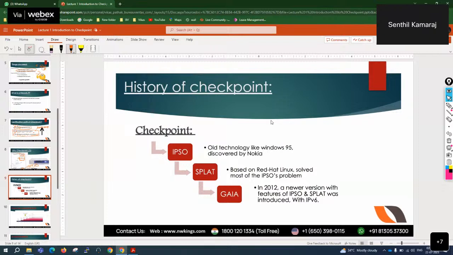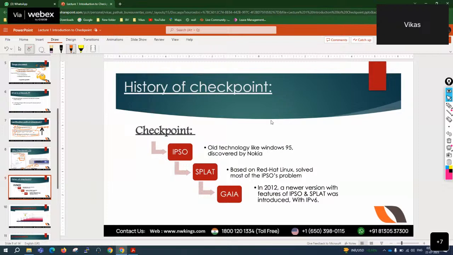Anti-spoofing we will be covering in the packet flow itself. And if you have seen my previous videos, you would have seen that anti-spoofing concept in the packet flow lecture. So I generally cover anti-spoofing in the packet flow itself.